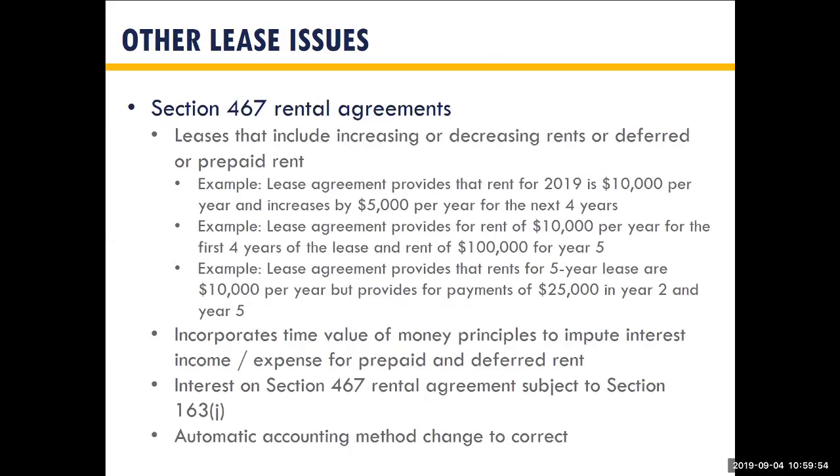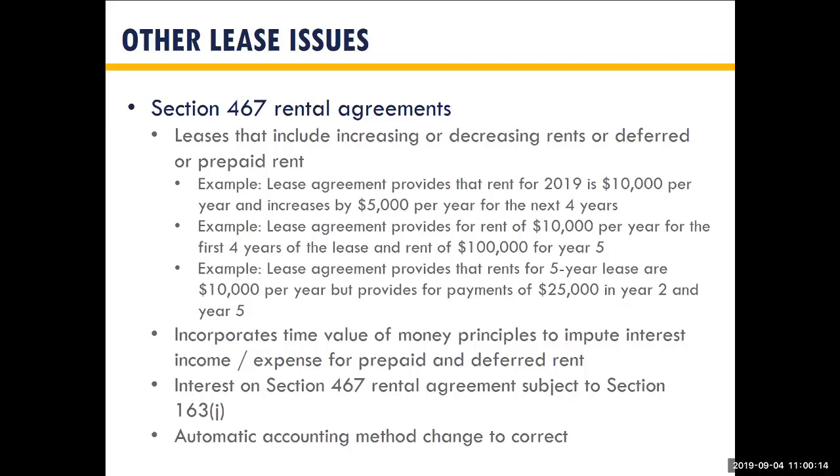One other issue that comes up quite frequently in the tax space I wanted to mention briefly, 467 rental agreements are agreements where there's a significant amount of prepaid or deferred rent. In many cases, GAAP will straight line these leases, and the tax rules are different than GAAP. We sometimes are required to straight line, but many times not.